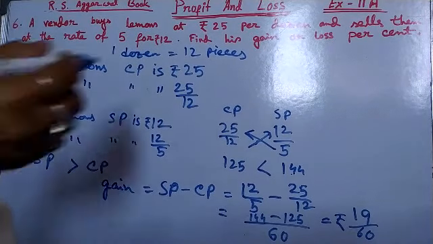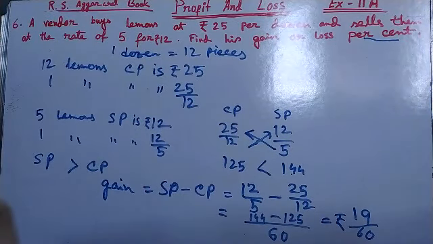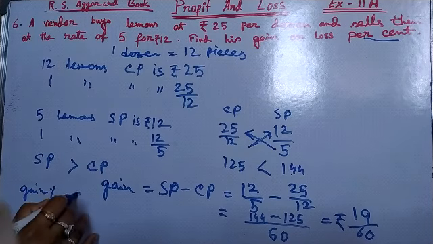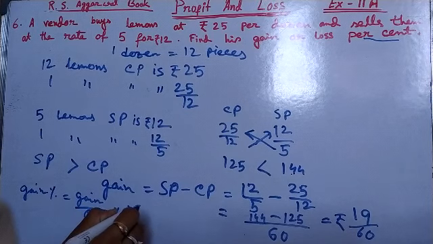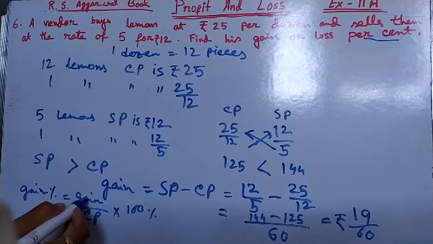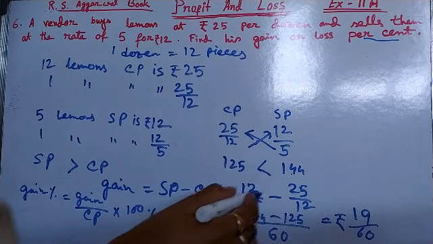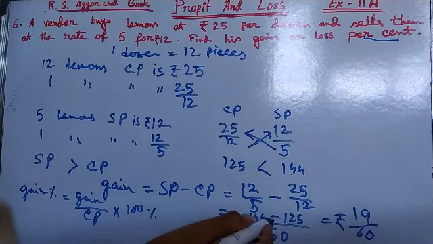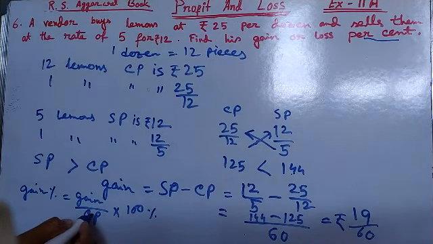Now we will find the gain percent. Gain percent means gain by CP into 100%. Remember one thing here: the gain was already found for 1 lemon, because I have subtracted 1 lemon SP and 1 lemon CP. So this CP will be for 1 lemon.